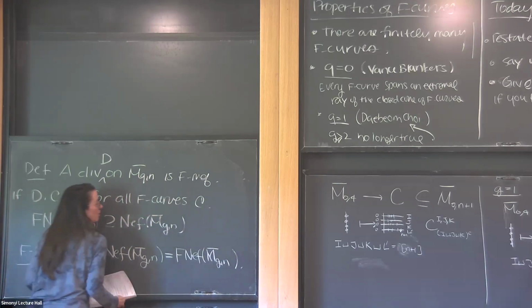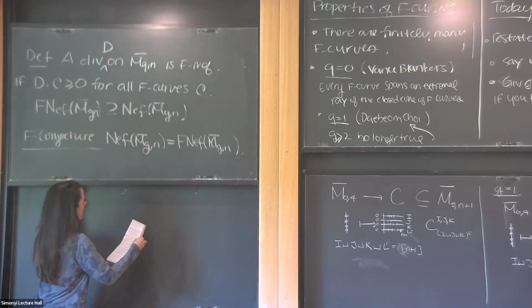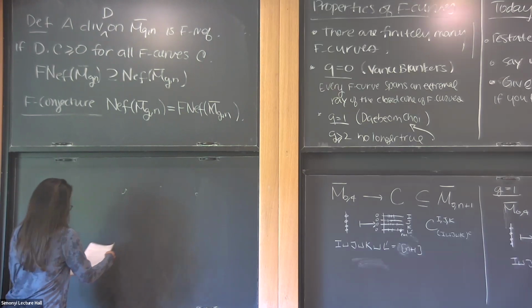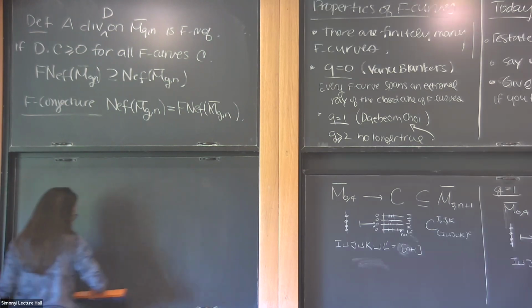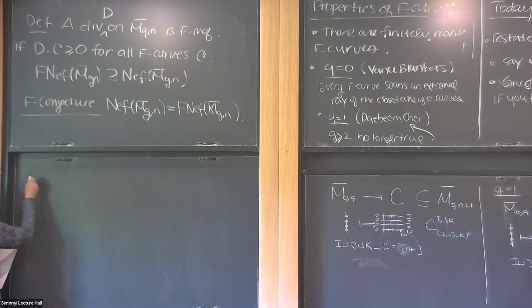So let me just say what cases it's known for. Let me take the two extremes. Let's take n equals 0, so we're talking about M_g.